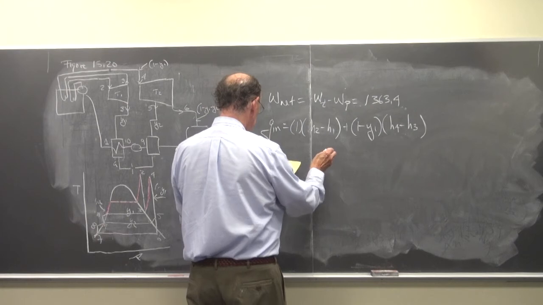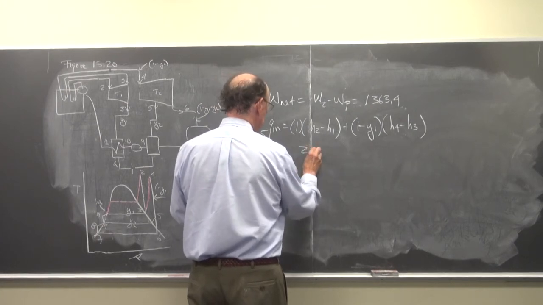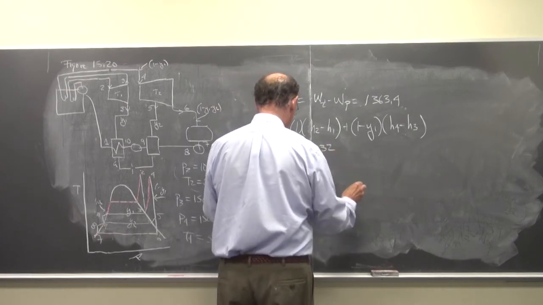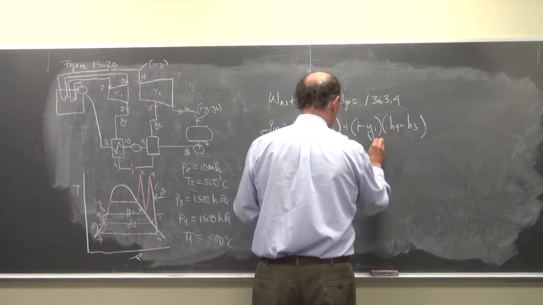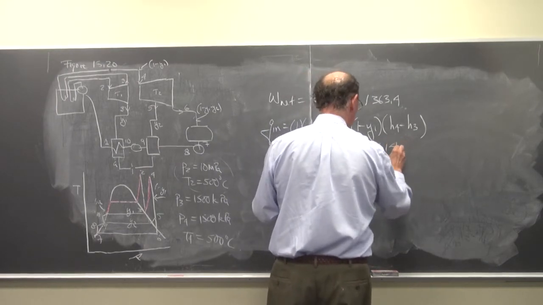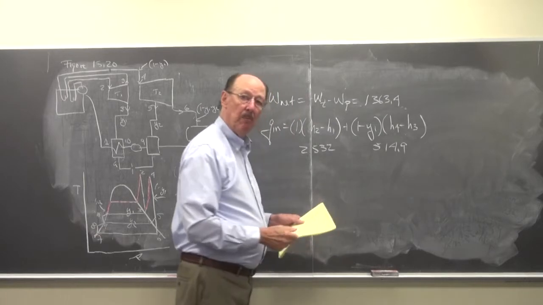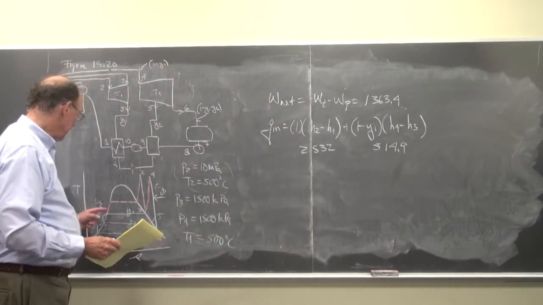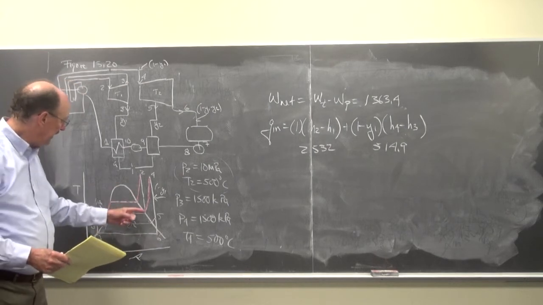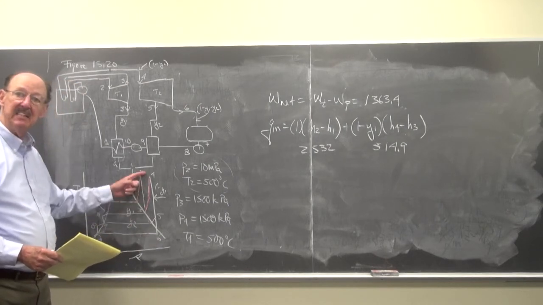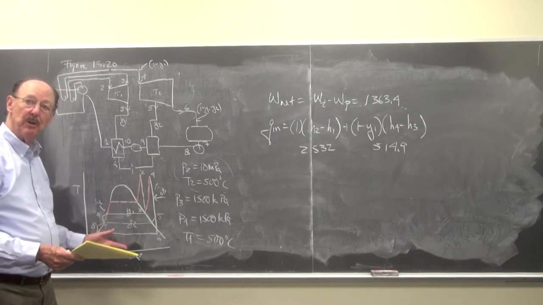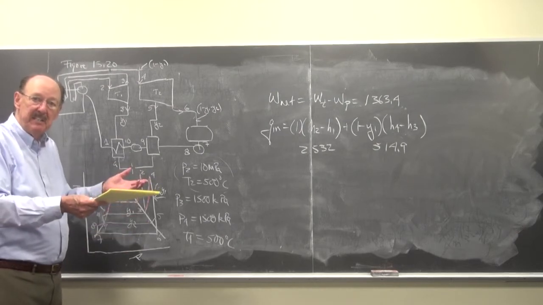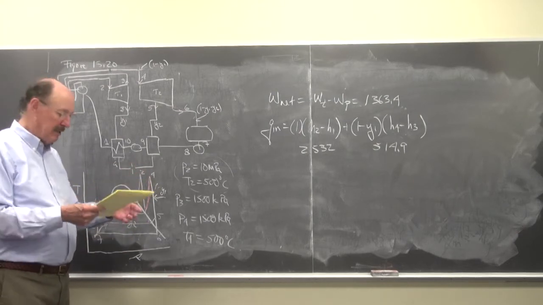So if I substitute in, this is 2532 when I subtract this, and this is 514.9. So we see most of the heat comes from 1 to 2, but we add some more heat, and this heat is added at a higher temperature, so we're raising the average temperature of heat addition, which we know improves cycle efficiency.